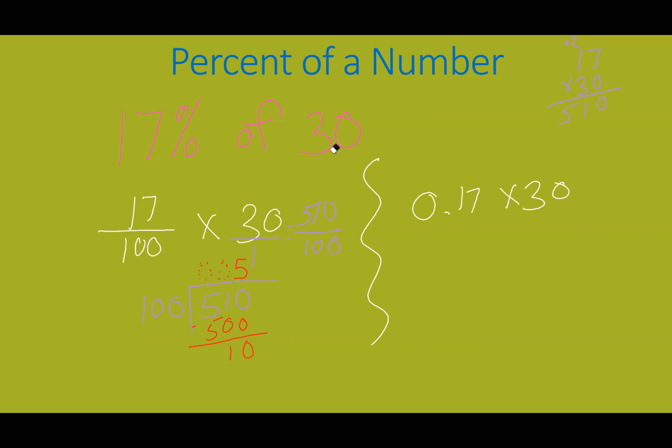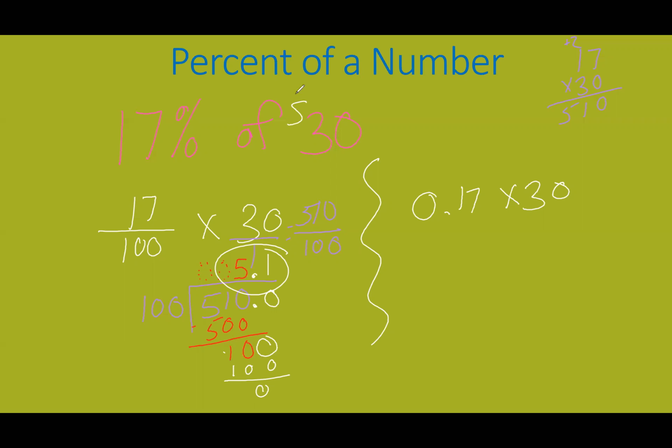So let's put a decimal there. Bring this down. Oh, look how easy that is. 100, 0. Well, there's my answer. 17% of 30 is 5 1/10.